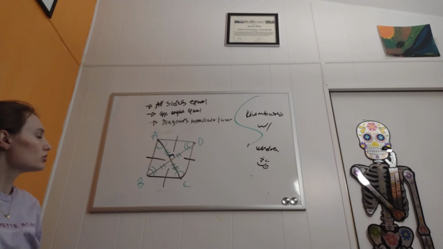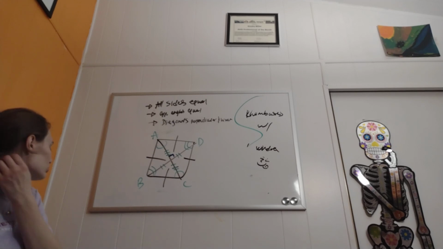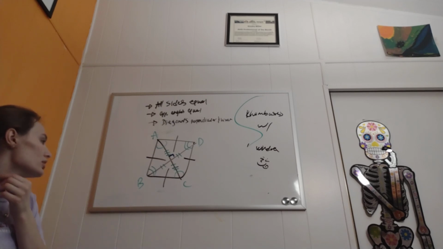Opposite angles are equal as well. The measure of angle A is also equal to measure of angle C. And measure of angle B is also equal to measure of angle D.